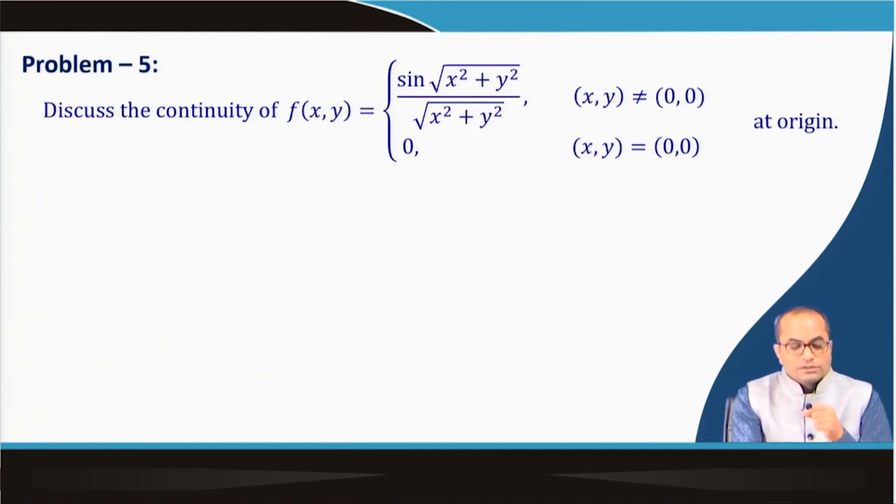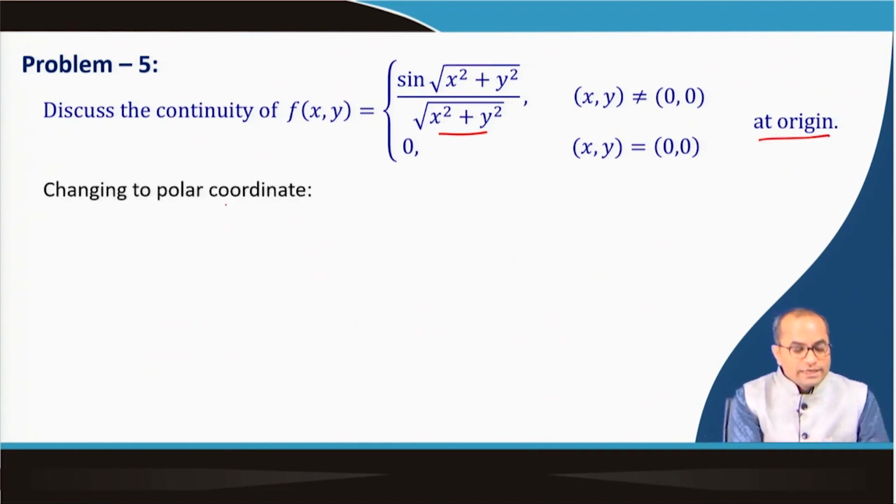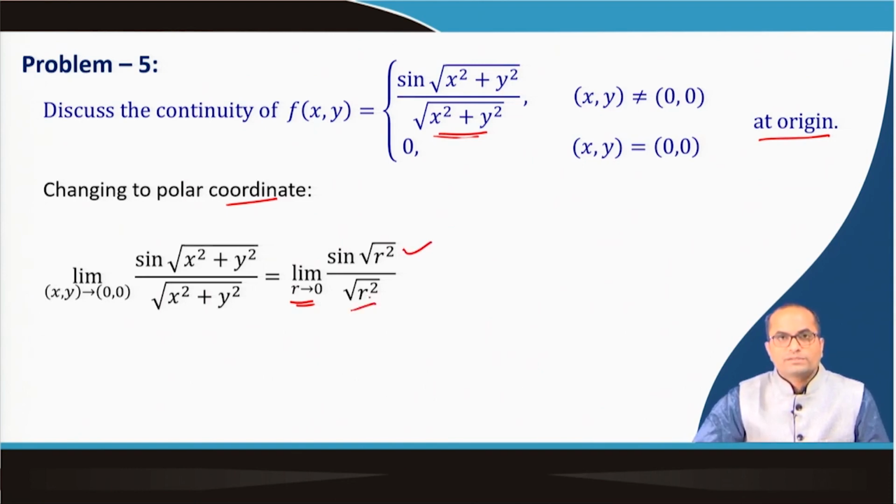Again we have the square root of x square plus y square, and here also the square root of x square plus y square. We will check this continuity at the origin. Again changing to polar coordinates, because of the term x square plus y square, we have limit r to 0 of sin of r square under the square root, over the square root of r square.